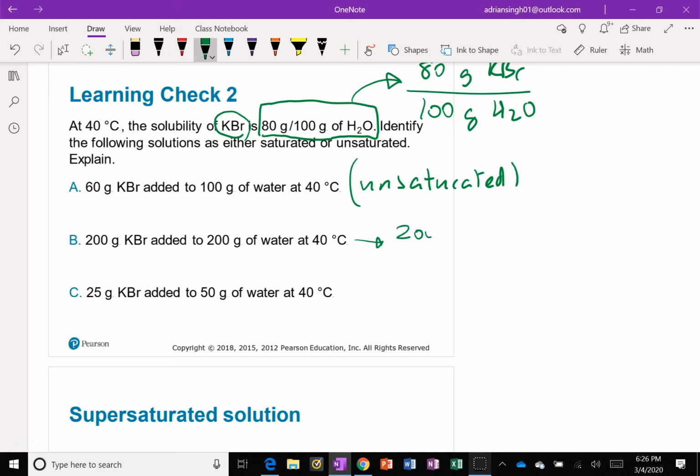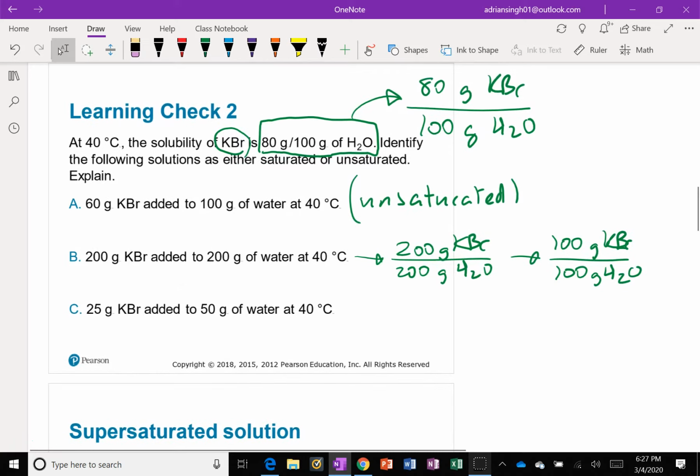So 200 grams of KBr to 200 grams of water. This is the same thing as saying 100 grams of KBr for every 100 grams of H2O. Right? So in this case, we have exceeded our solubility, so this would be a saturated solution.